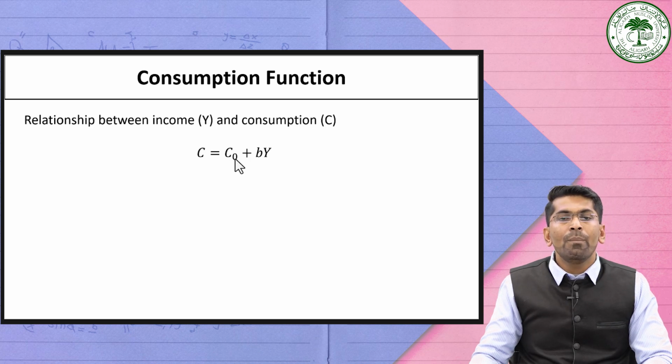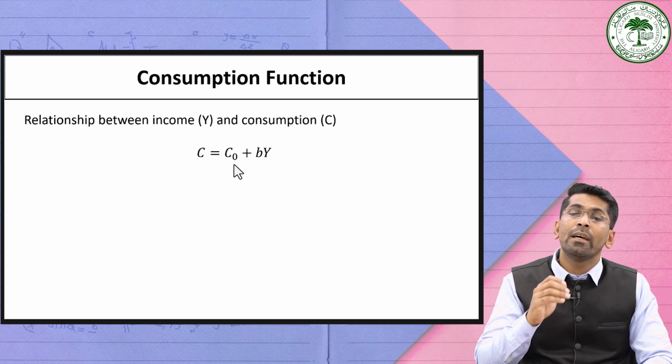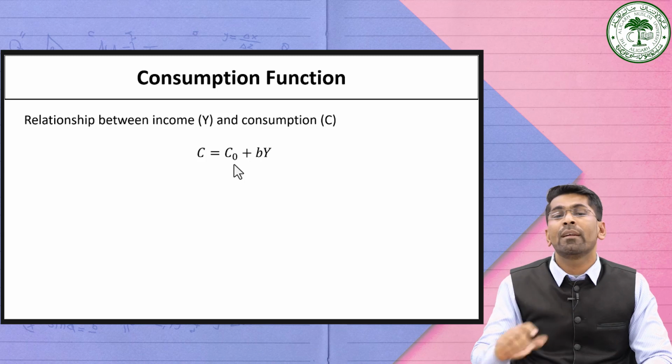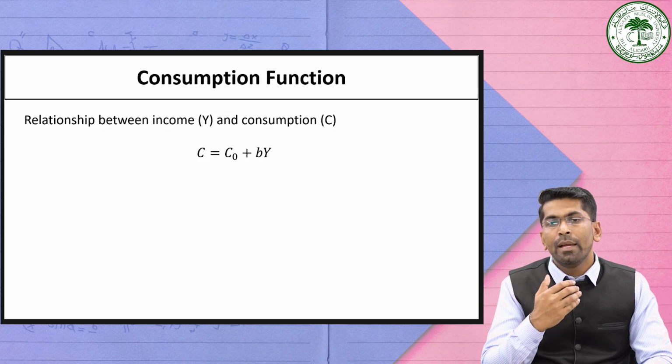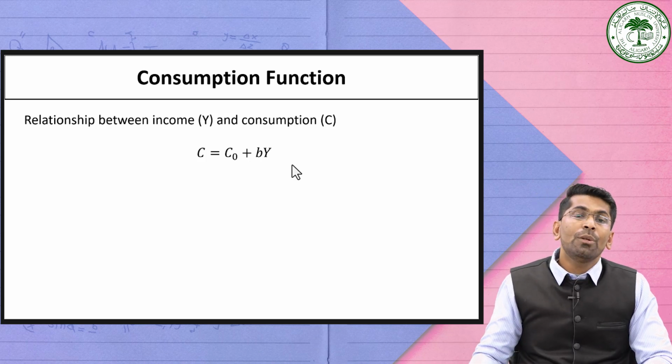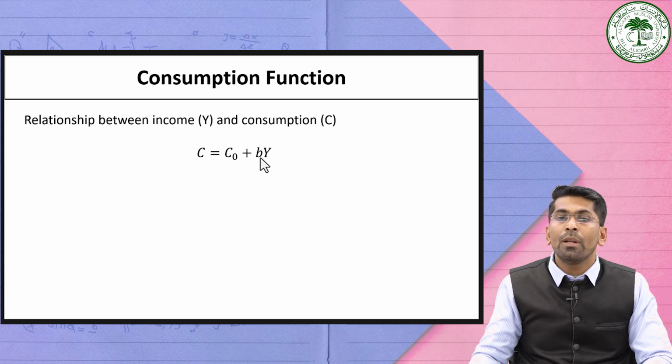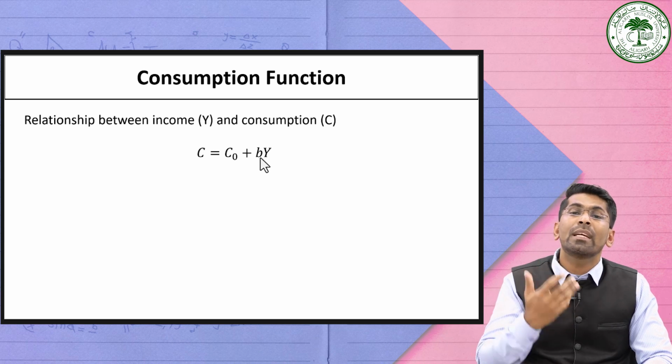So it is the minimum level of consumption that individuals and households require regardless of their income. At the same time, the coefficient b is generally known as the marginal propensity to consume, or MPC. It represents the fraction of additional income that an individual or household will allocate to consumption.